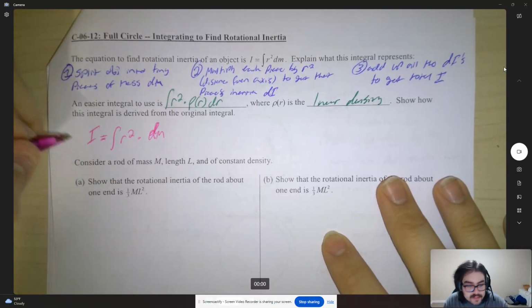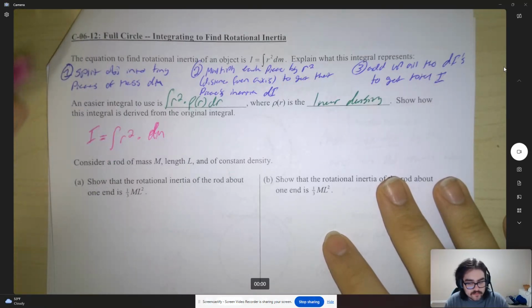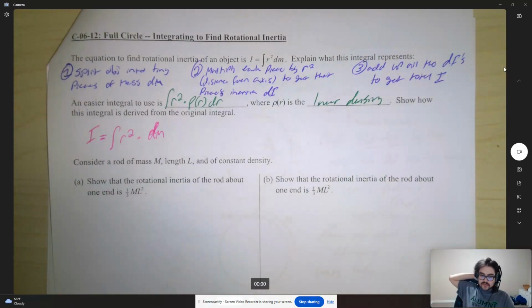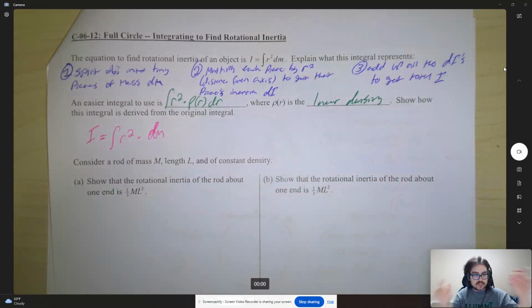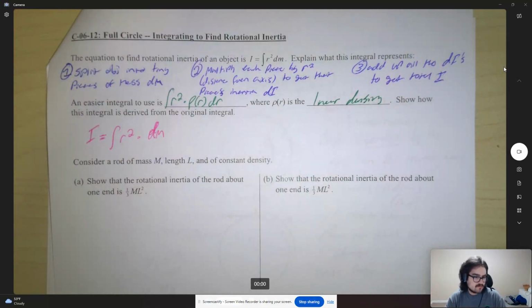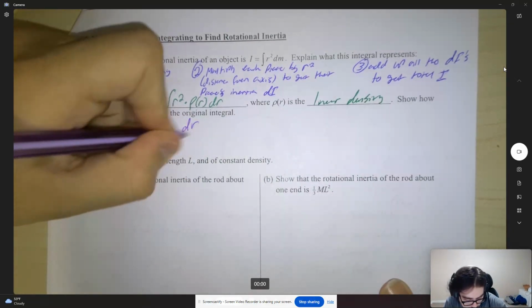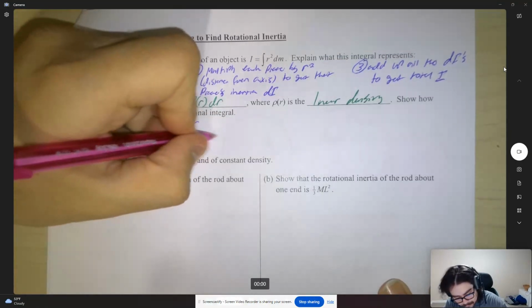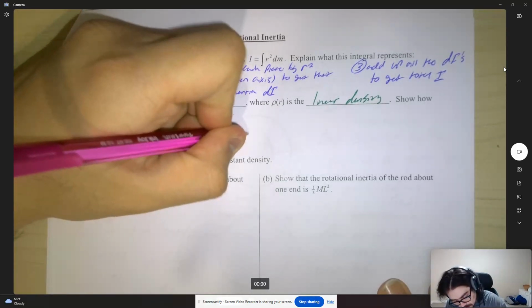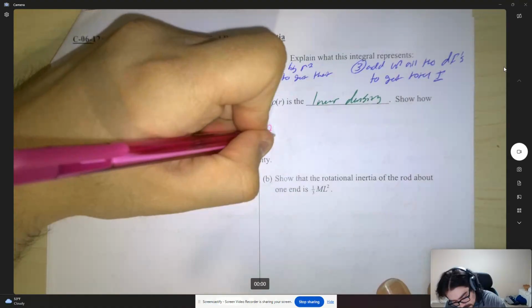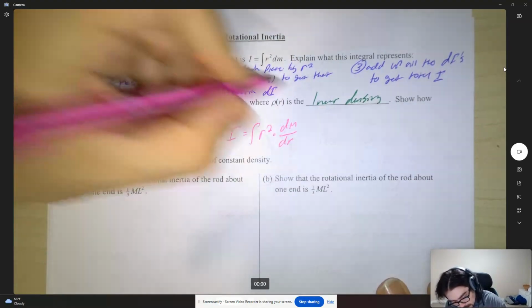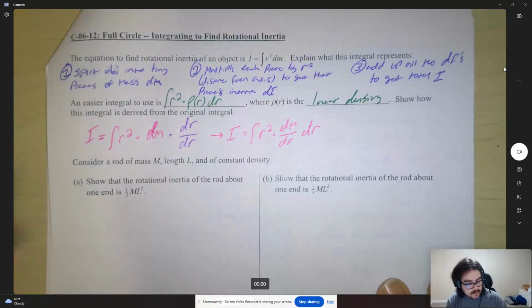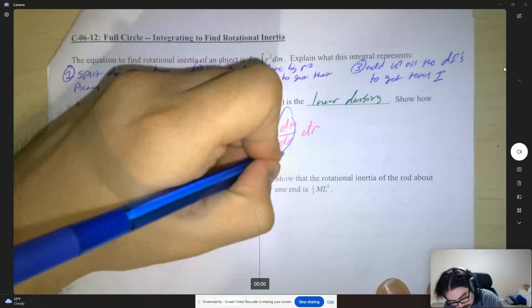Well, guess what? Let's say I want to multiply both sides by 1 just for fun. If I multiply by 1, nothing's going to change. Well, 1 is the same as saying 2 over 2, or 3 over 3, or 4 over 4, or maybe dr over dr. And when you do that, you end up getting this new integral, which is r squared times dm over dr times dr. This thing right here that you just got, dm over dr, that's literally the linear density.